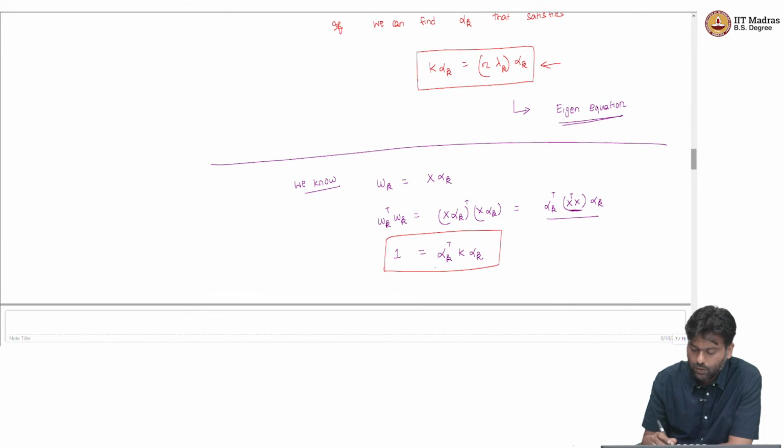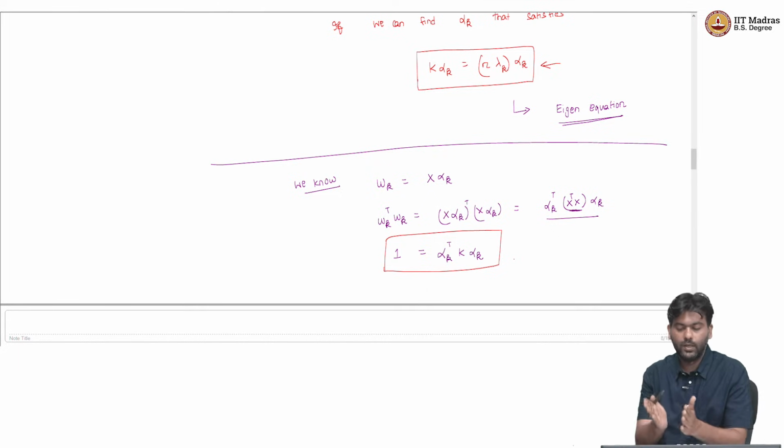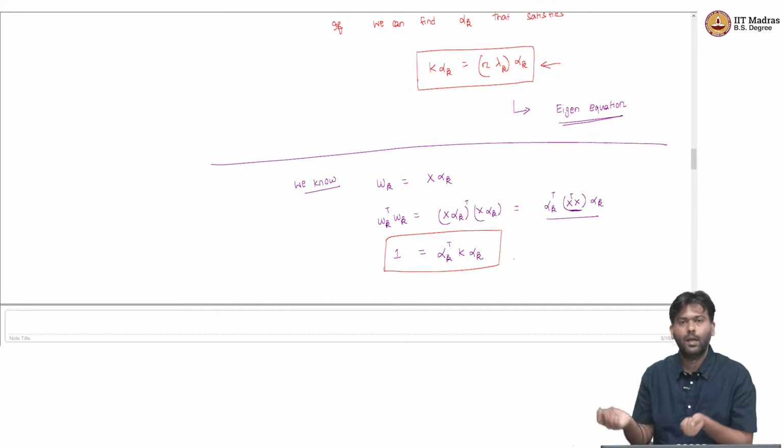Such an alpha_k should also satisfy alpha_k transpose K alpha_k equals 1. If you find an alpha_k that satisfies this equation, and if that alpha_k satisfies alpha_k transpose K alpha_k equals 1, then that is the alpha_k that corresponds to w_k which has length 1, right.